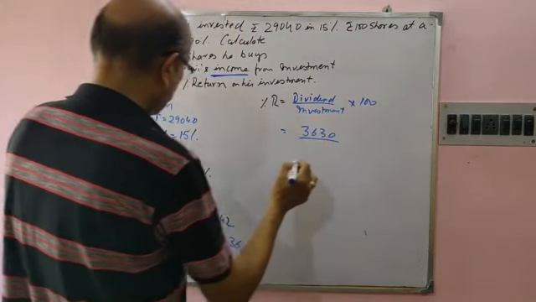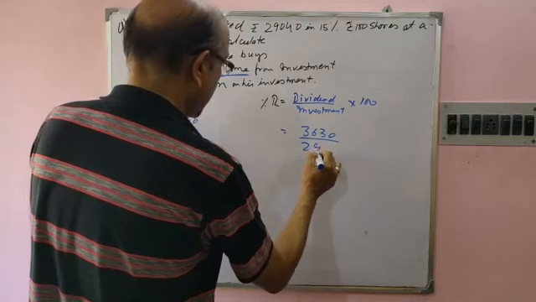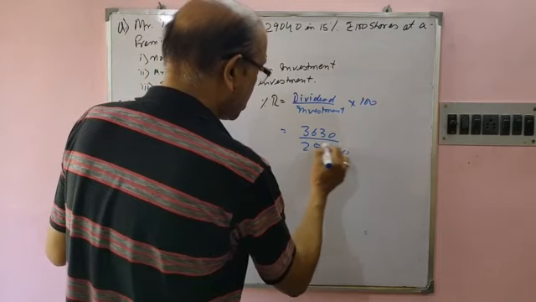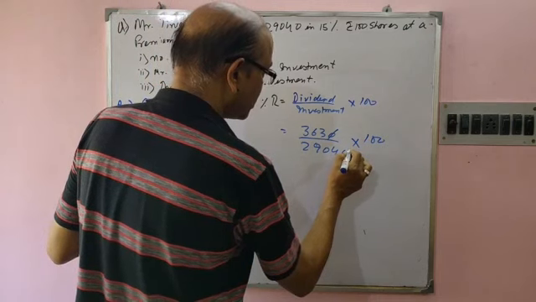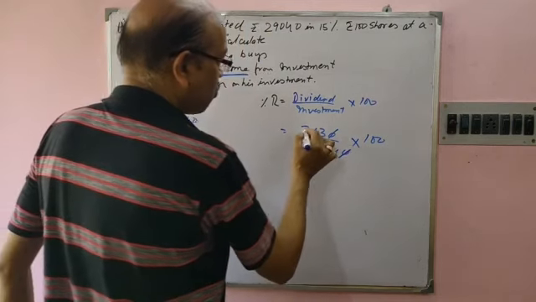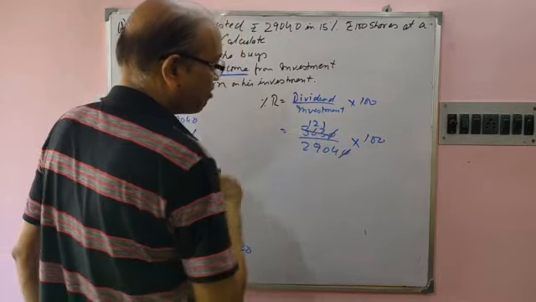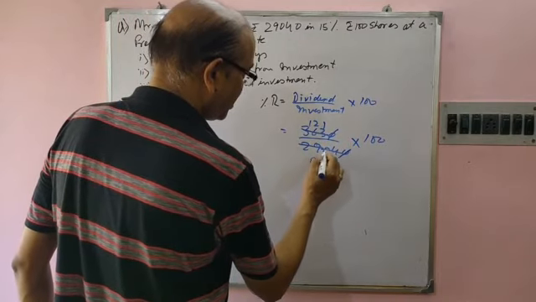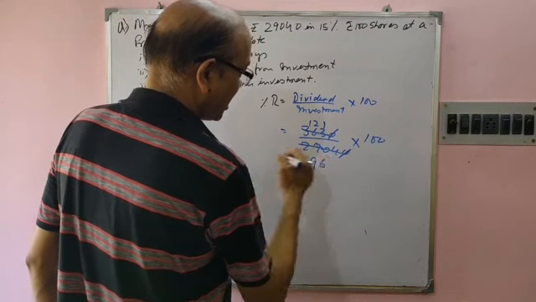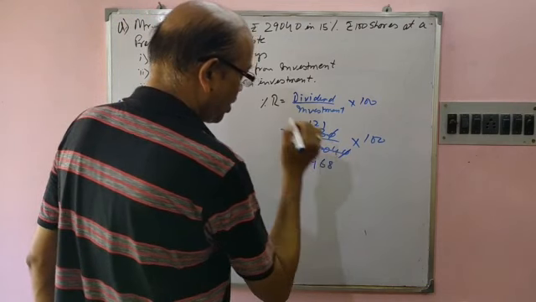What was dividend? 3630. What was investment? 29040 into 100. This gets cancelled. 1 to 1 divided by 3, this goes 3 9s are 27, 27 3 6s are 18, 18 3 8s are 24.